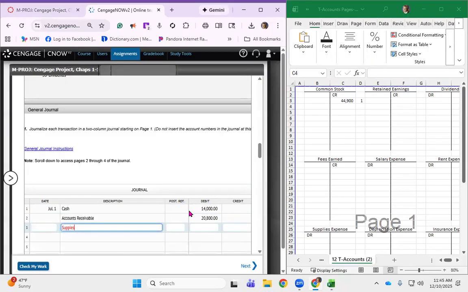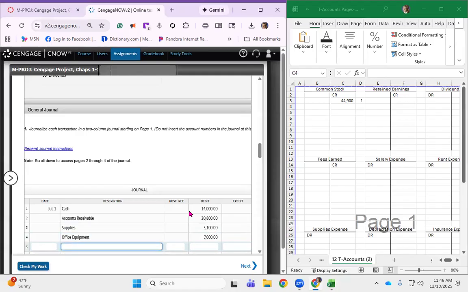Supplies. And if you want to copy and paste the names, that's fine, but I can usually type faster than doing that. $3,100. And then office equipment, worth $7,000.